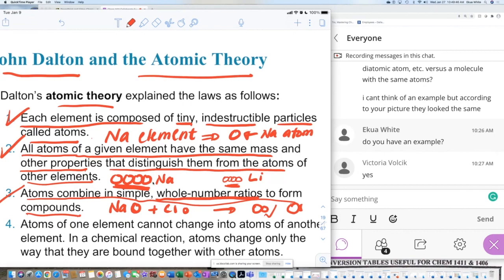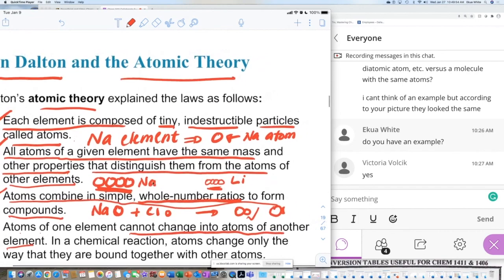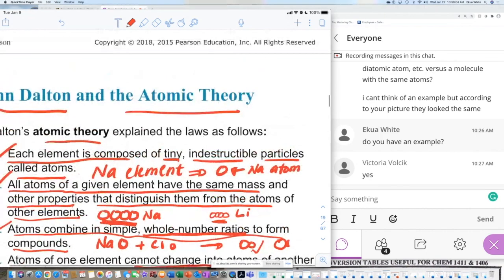Then number 4, atoms of one element cannot change into atoms of another element in a chemical reaction. So the context here is, as long as the reaction is chemical, one atom cannot magically become another. So you cannot start with, let's say, hydrogen, and then it breaks down to oxygen.